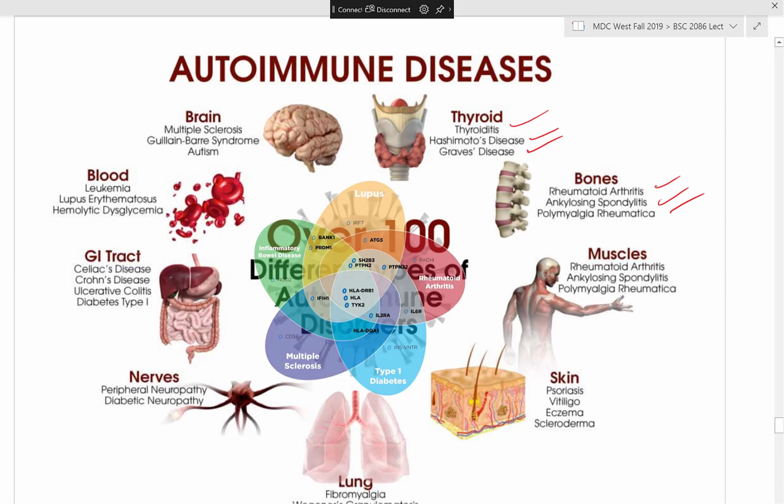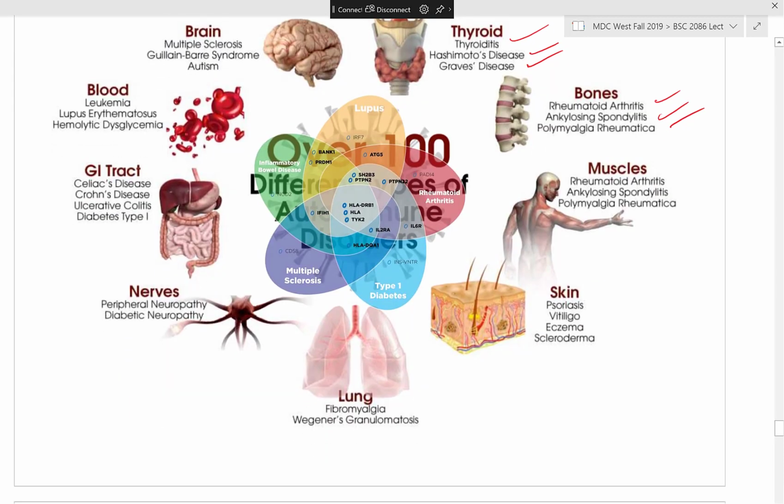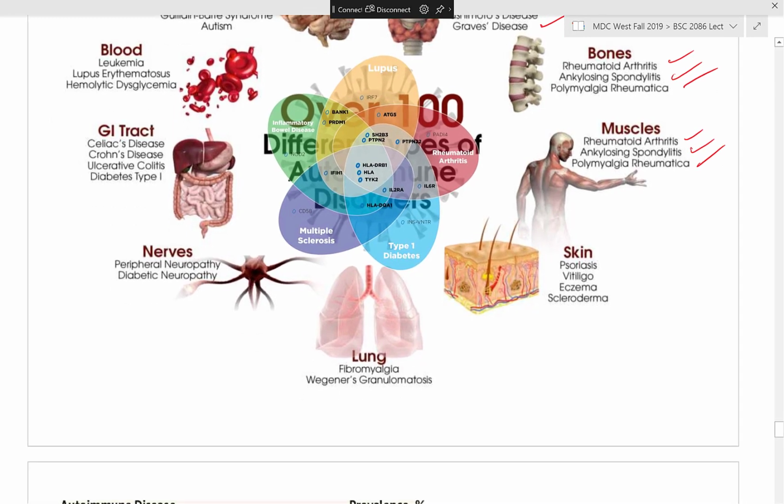Polymyalgia rheumatica. It is actually pain, a lot of pain. Rheumatoid arthritis, ankylosing spondylitis, and polymyalgia rheumatica. Skin, psoriasis. Have you ever heard of psoriasis? The one that gives you those flaky white plaques? Vitiligo. People that have white patches on their skin. Eczema, scleroderma, pigmentosa.